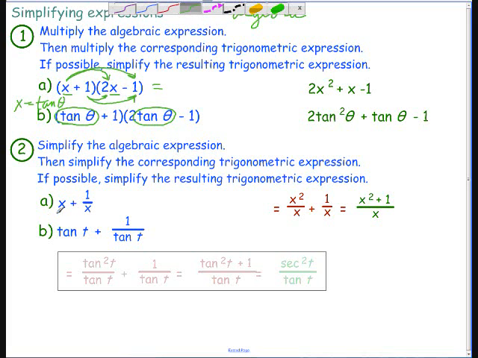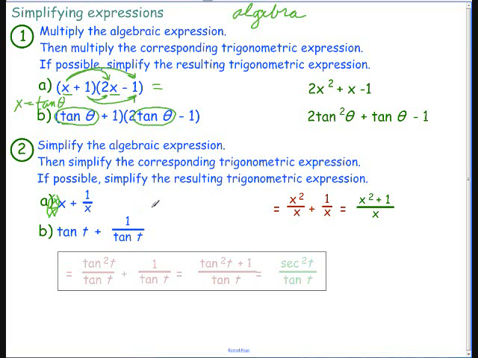I need to have a common denominator, which I get by multiplying the top and the bottom. I'll show it right here. x over x gives me x squared over x. Then it's x squared plus 1 in my numerator and x in my denominator.